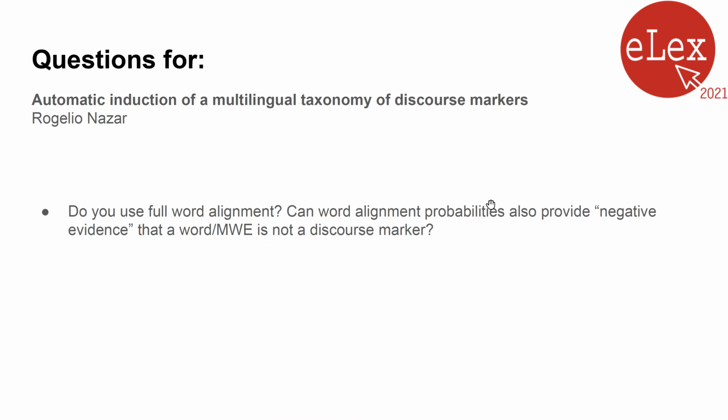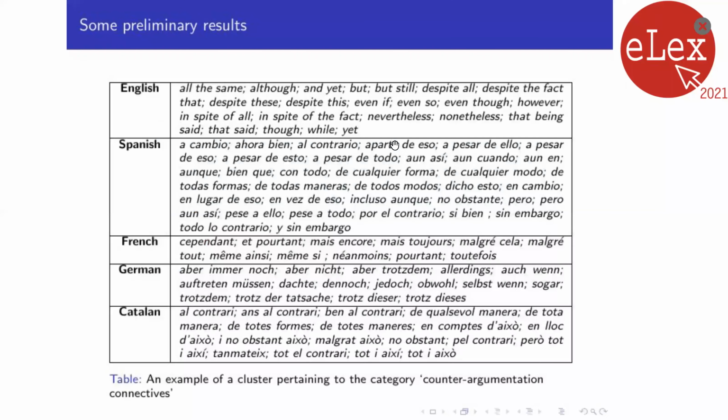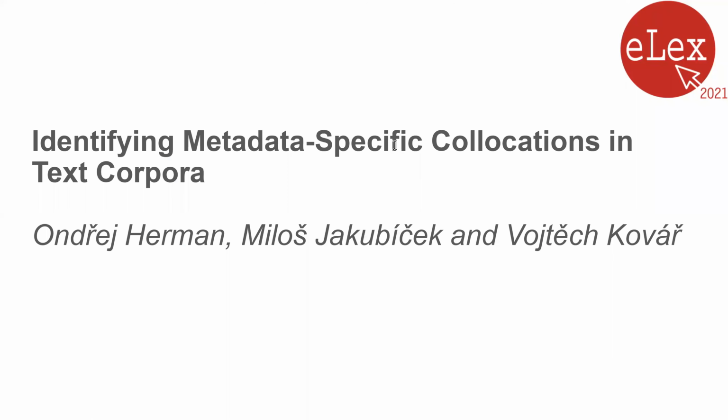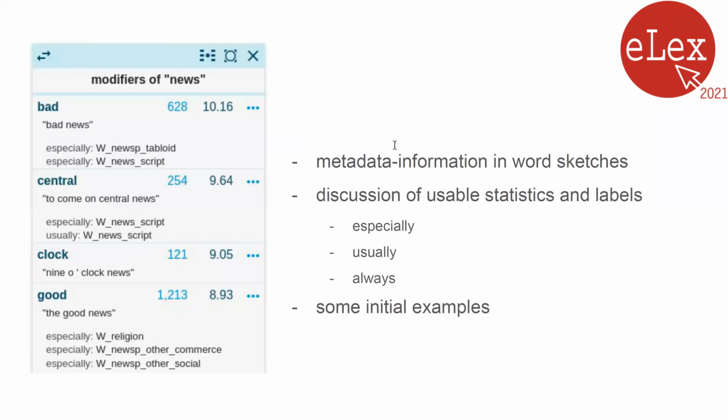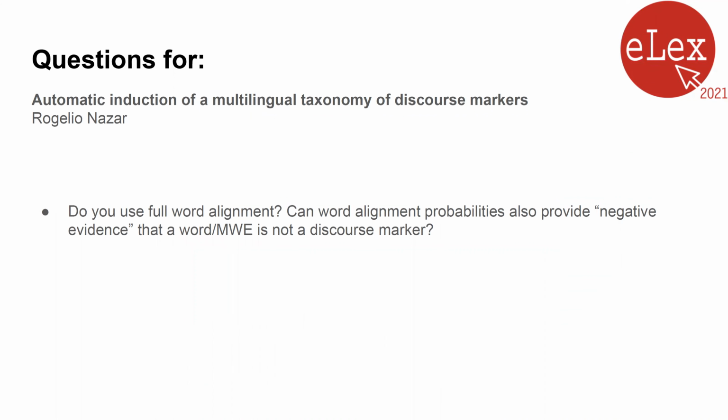You already have a way to include both single words and multi-word expressions as discourse markers, because there are quite some multi-word expressions, especially in English, right? Yes, in all languages, and it's a very hard problem to properly segment these units, but we simply use n-grams, sequences of words. Okay, 1, 2, 3 words. Good. Thank you very much.